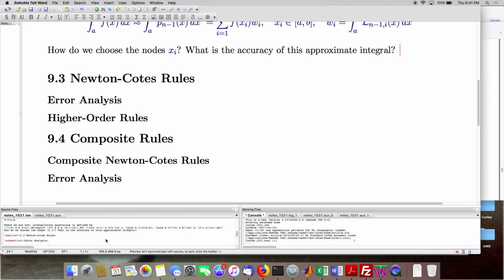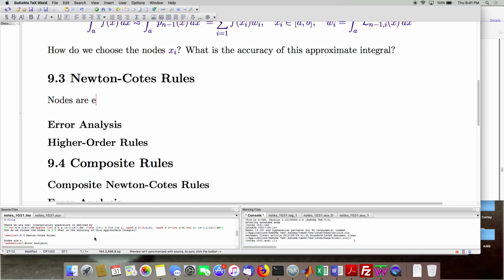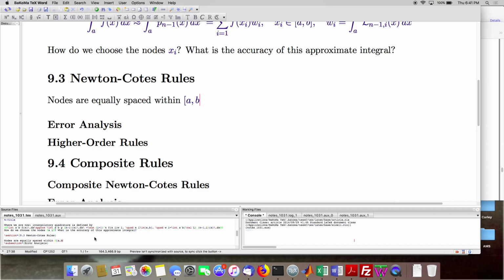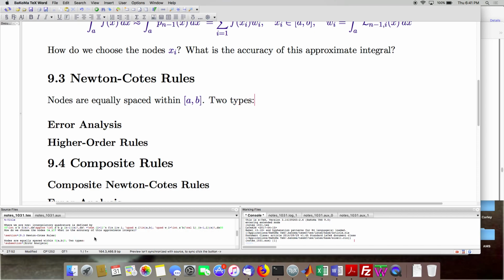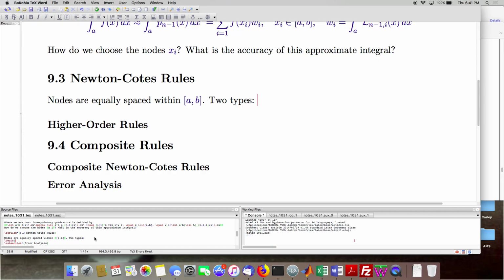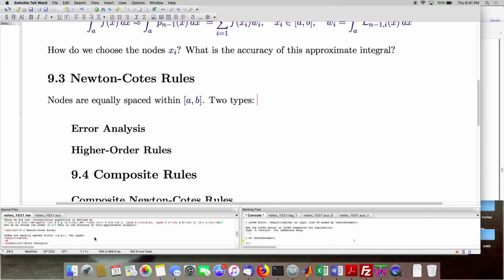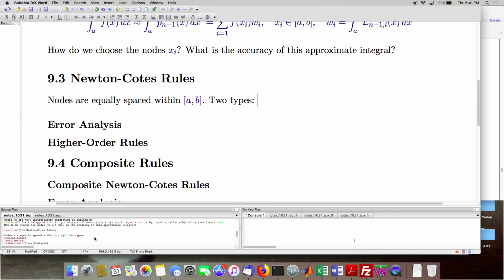Okay, so what are Newton-Cotes rules? First, the general idea is the nodes are equally spaced within [a, b]. There are two classifications of Newton-Cotes rules.